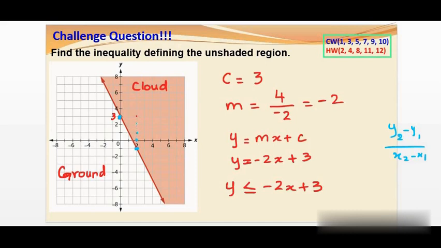So it's 1, 2, 3, 4 steps upward, then 2 steps left. So when the rise is 4, the run is to the left, so it will be negative 2. If you run to the right side, it is taken as positive. If you run to the left side, it's taken as negative. So 4 over negative 2 is negative 2. The final answer is negative 2.